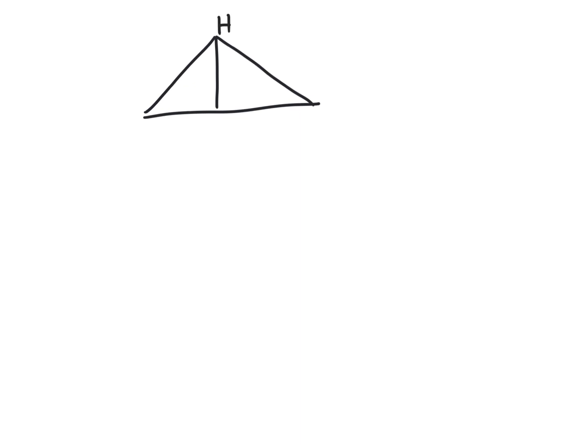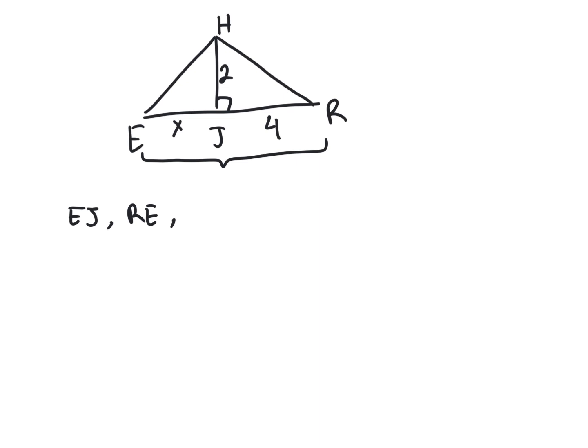So H, J, E, R. They're telling us JR is equal to 4 and JH is equal to 2, and they want us to find EJ, which I'm going to call X. They want us to find RE, this whole thing. They want us to find RH, which I'm going to call Y, and they want us to find HE, which I'll call Z, just to keep going with the same example.